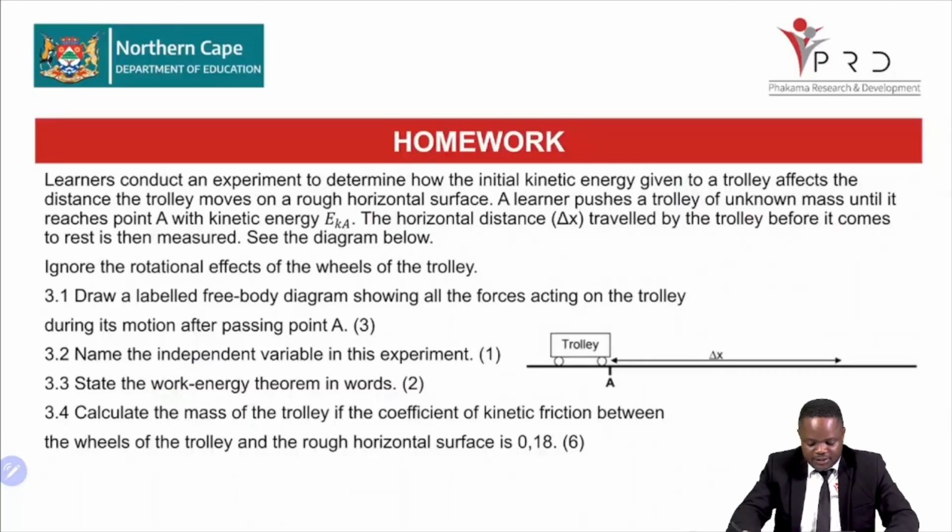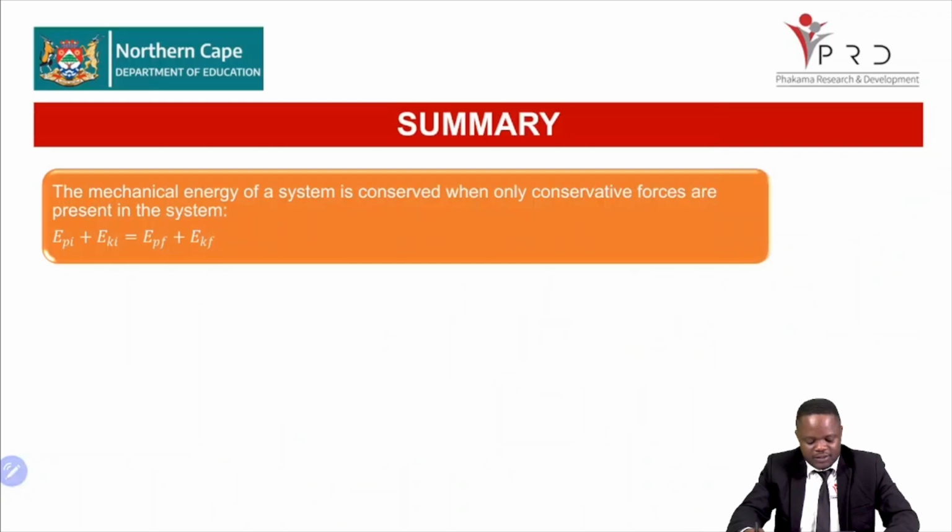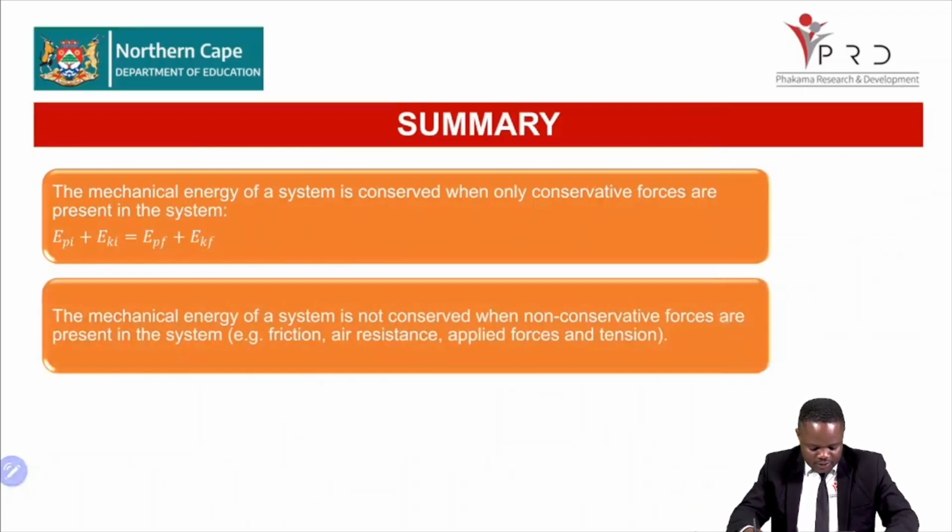Now, remember the key things that we spoke of in our lesson. The mechanical energy of the system is conserved only when conservative forces are present. So the initial mechanical energy is equal to the final mechanical energy. Mechanical energy is comprised of the gravitational potential energy and the kinetic energy of an object.